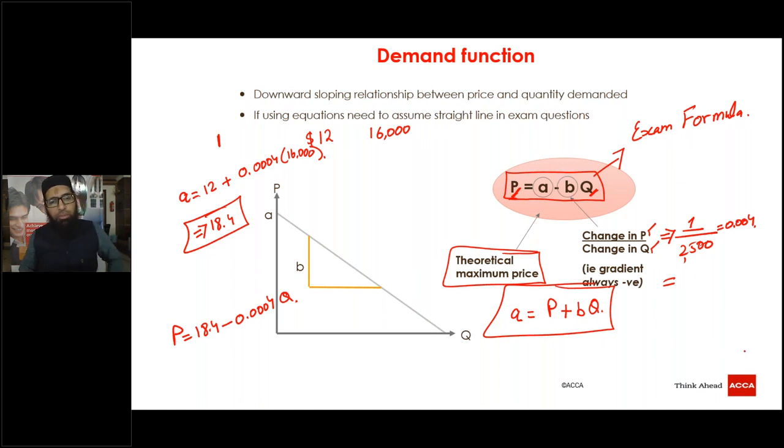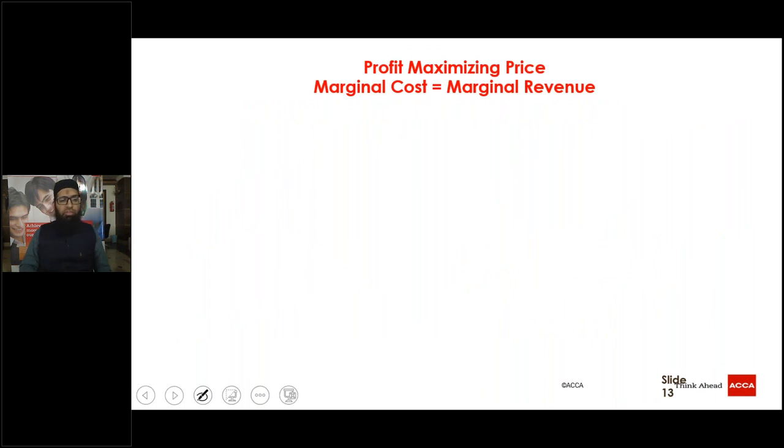Now there is a profit maximizing price. The economist says that when marginal cost is equal to marginal revenue, at that point the price is profit maximizing. So the optimum price is when MC is equal to MR. MC represents marginal cost and MR represents marginal revenue.